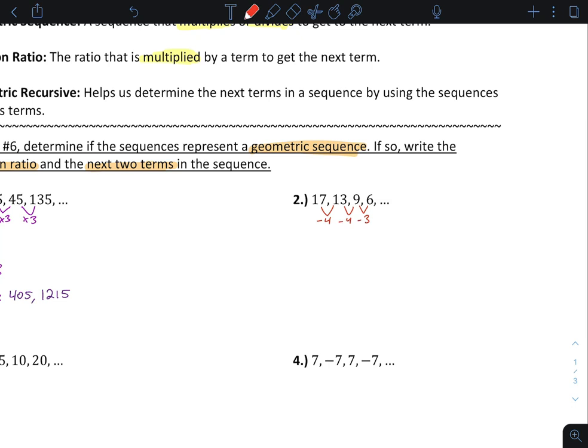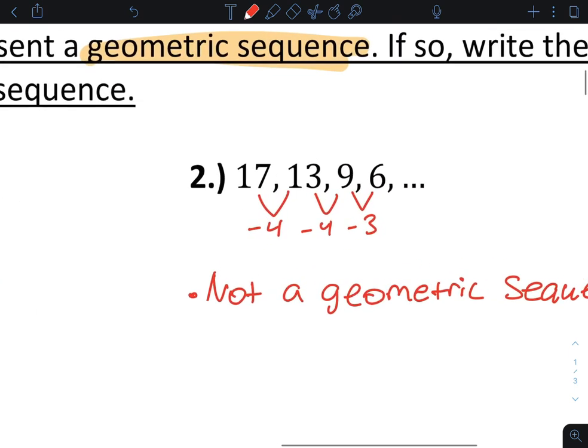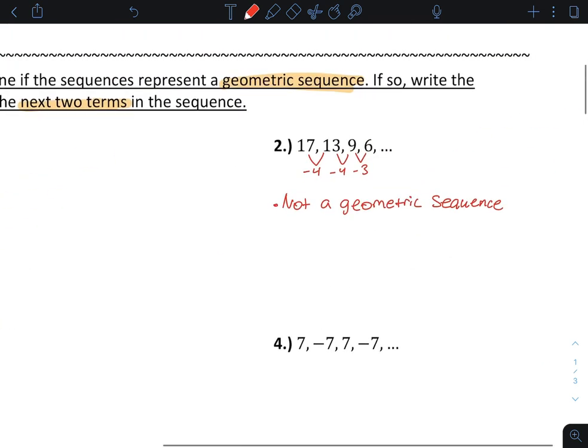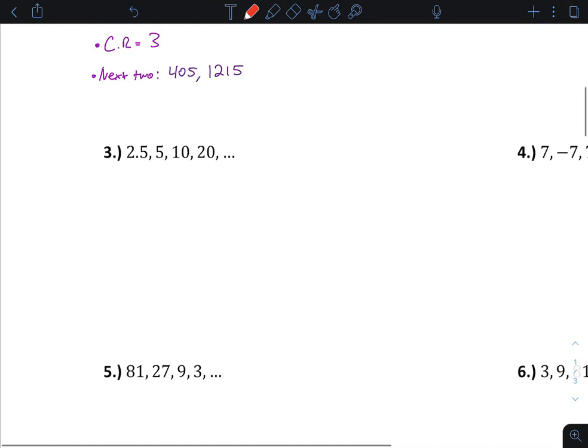So we know that this is not a geometric sequence because the ratio here, we're subtracting 4 and then also subtracting 3. So it's not even consistent. But we are not multiplying or dividing, which means it is not a geometric sequence. Thankfully, when that happens on this question, we could just leave it like that and we're done with number 2.